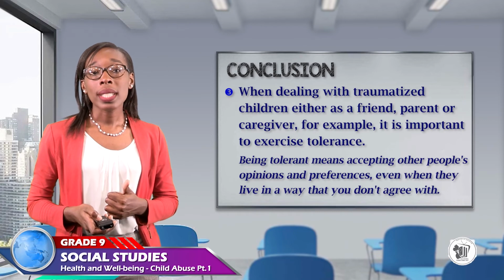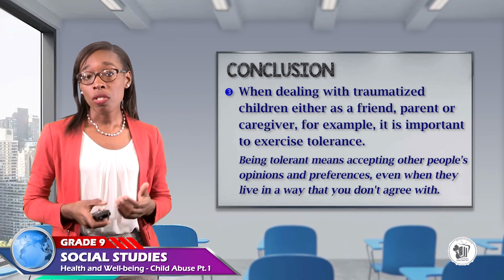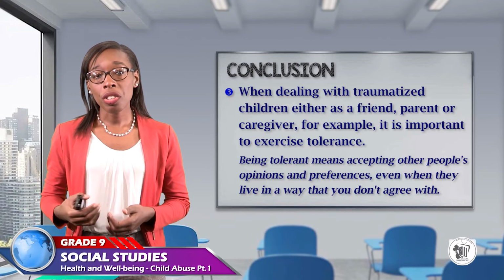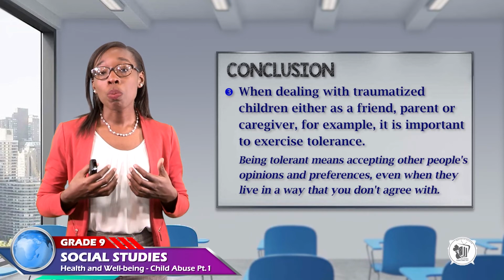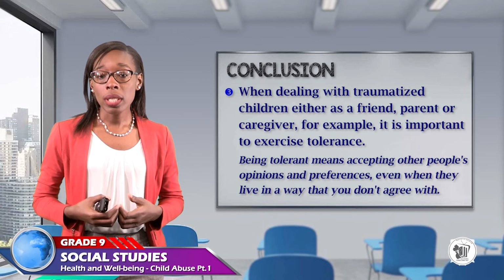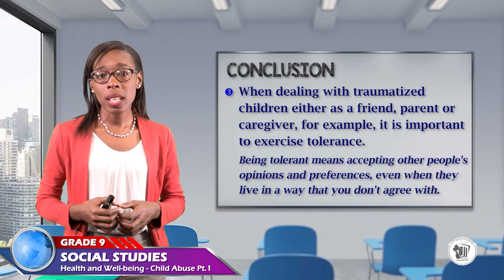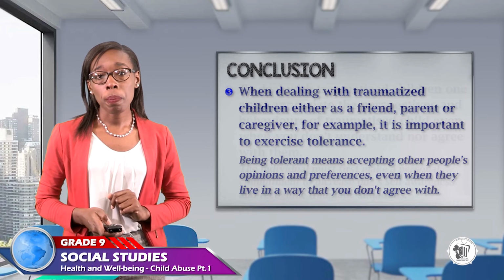The third point is that when dealing with traumatized children, either as a friend, a parent, or a caregiver, for example, it is important to exercise tolerance. Being tolerant means that you accept other people's opinions and preferences, even when you do not agree with them.